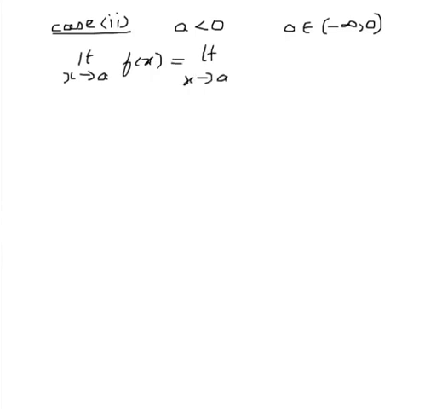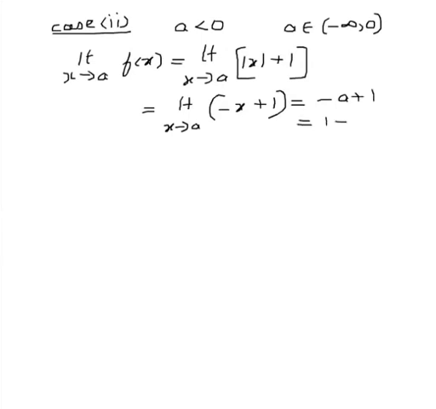So for negative values, the definition is absolute value of x plus 1. For negative values, absolute value of x is minus x. Substitute the limit value, which is 1 minus a. There is a limit value, that means the limit exists for all a less than 0.